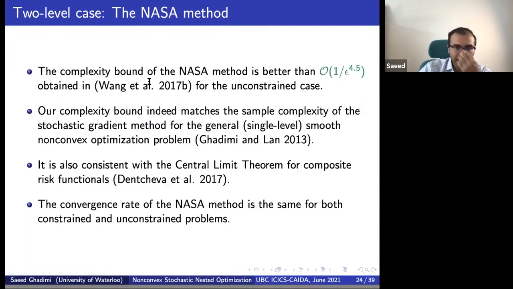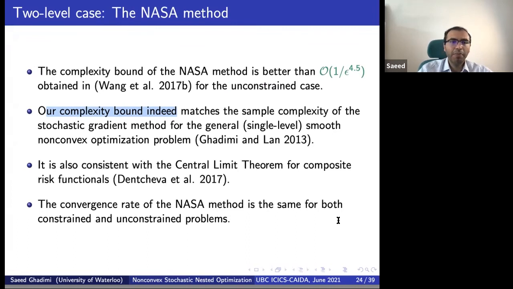So the best complexity bound for the nested problem was 1 over epsilon to 4.5. This was for the unconstrained case. However, our complexity bound, which is 1 over epsilon to 4, matches the sample complexity for the single level problem.